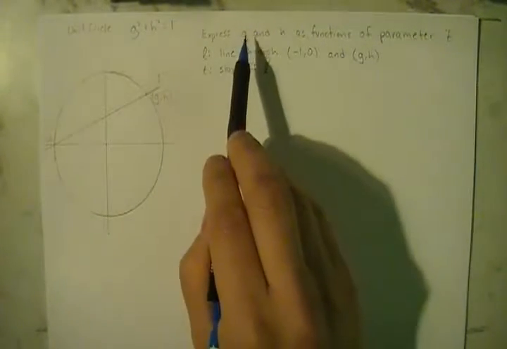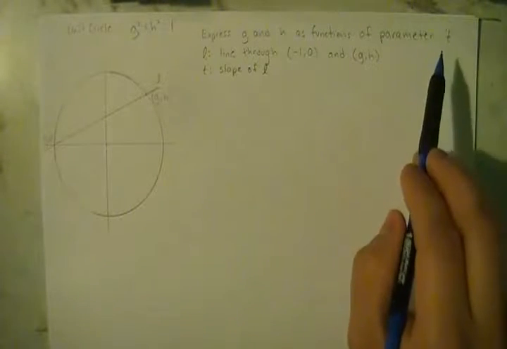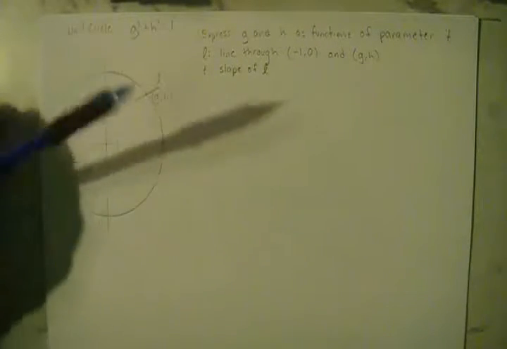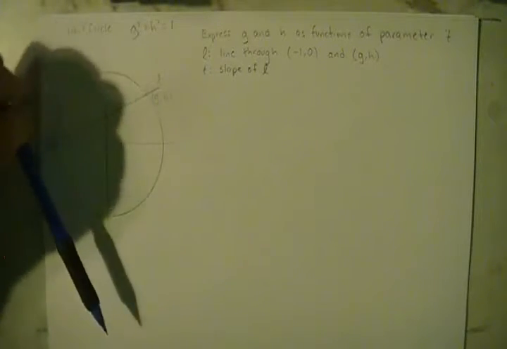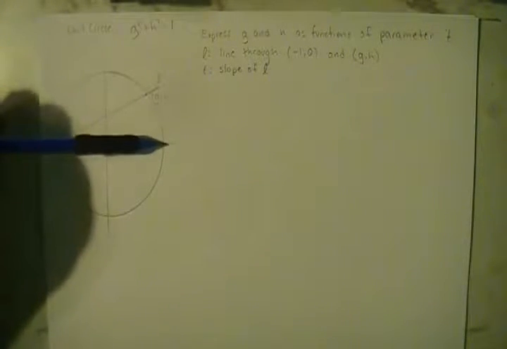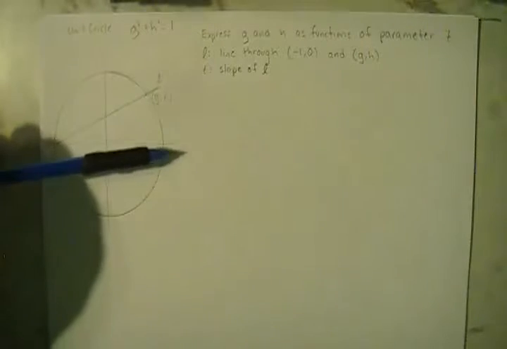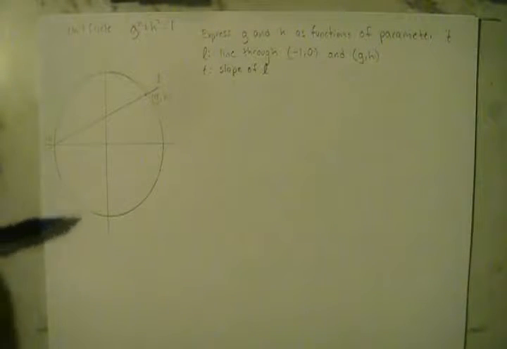So if I can get g and h as functions of this parameter t, and the parameter t is the slope of the line L, then I can determine a formula that I can plug t values into that will give me points along the arc of the circle.